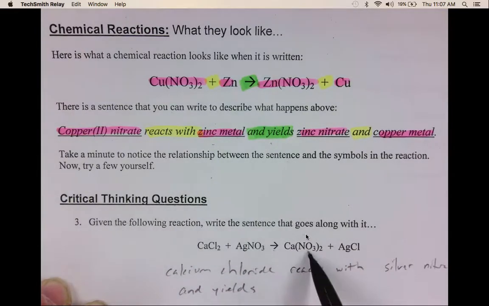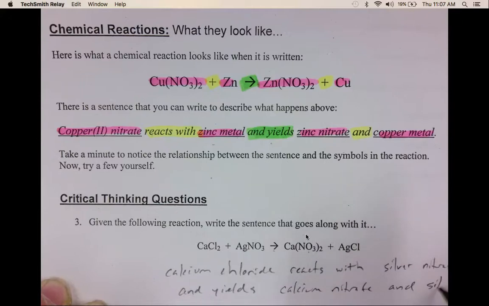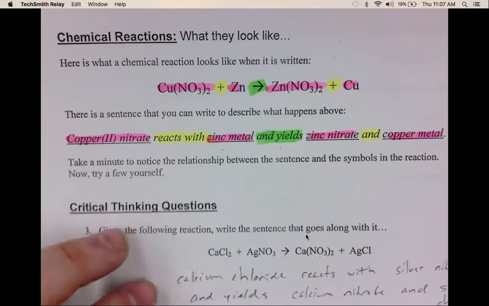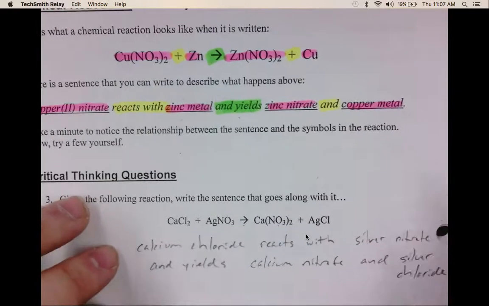And then we just have to name our two products. Our products are on the right side. This one is calcium nitrate. And the plus sign symbolizes and, and then we have silver chloride. So again, we just followed our ionic bonding rules. I'm sorry, I guess that got cut off a little bit.